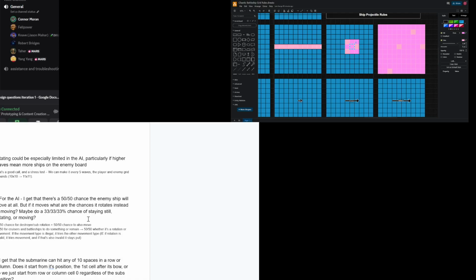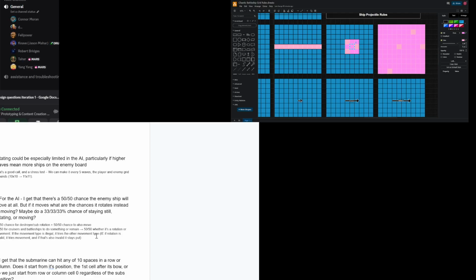So just separate them out, 50-50 for each. As for cruisers and battleships, it's similar, but it's a 50-50 whether they will remain the same or do something. And if they decide to do something, it's a 50-50 whether they rotate or move. So effectively a 25% chance for a rotation and a 25% chance for a movement. If that makes sense.